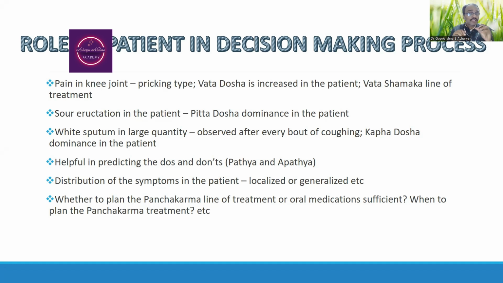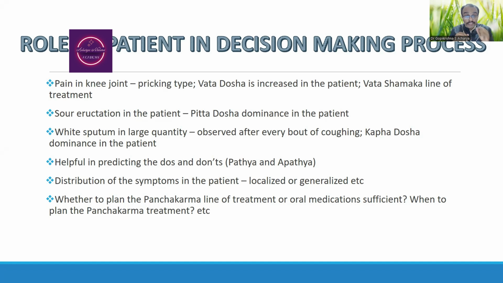If the person is doing Ratri Jagarana, there may be a possibility of Vata dosha increase. It is said that when the person is doing Ratri Jagarana, there may be Ruksha Guna Vriddhi. When there is Ruksha Guna Vriddhi, especially in case of Ratri Jagarana, simply giving the Snigdha type of line of treatment will not help.